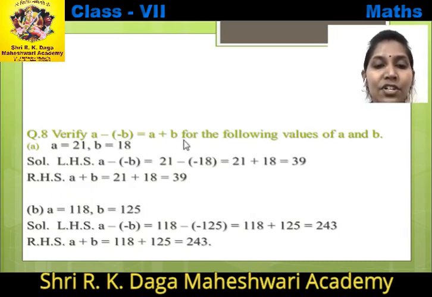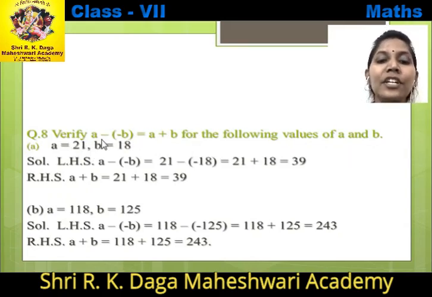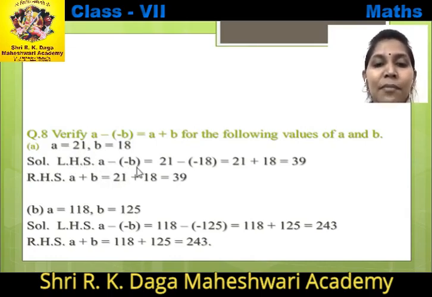Now the last question of this exercise is verify a minus b is equal to a plus b for the following values of a and b. You are given the values of a and b and you need to check whether this condition is satisfied or not. Now first we will take the LHS, a minus b.